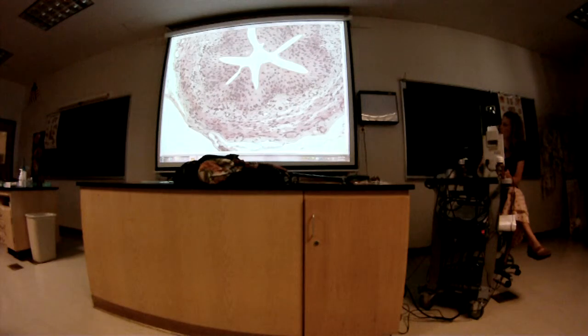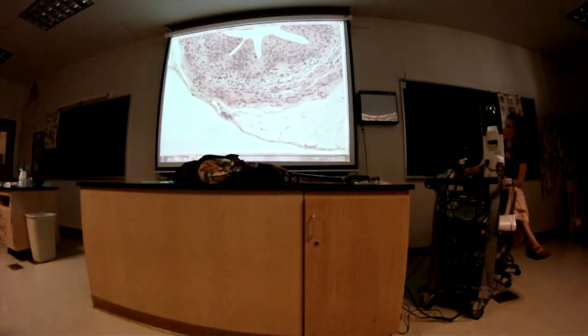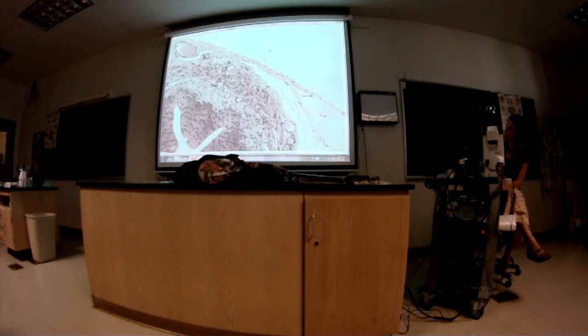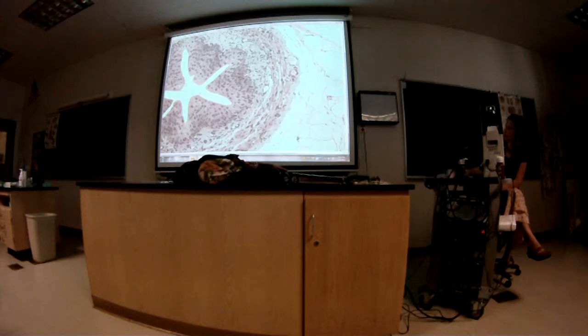It's a nice looking slide. Like this one. Okay, so once again, what kind of tissue is this? Transitional epithelium. And what kind of tissue is this? Smooth muscle. And what's this layer called?